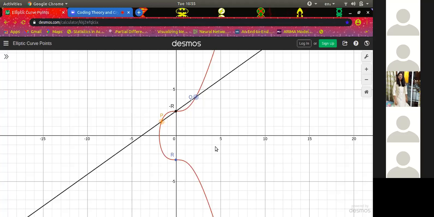I think yes, it will be the same, because we are just joining two points. It is a line, so the same line, QP or PQ. Yeah, correct. So it is abelian.